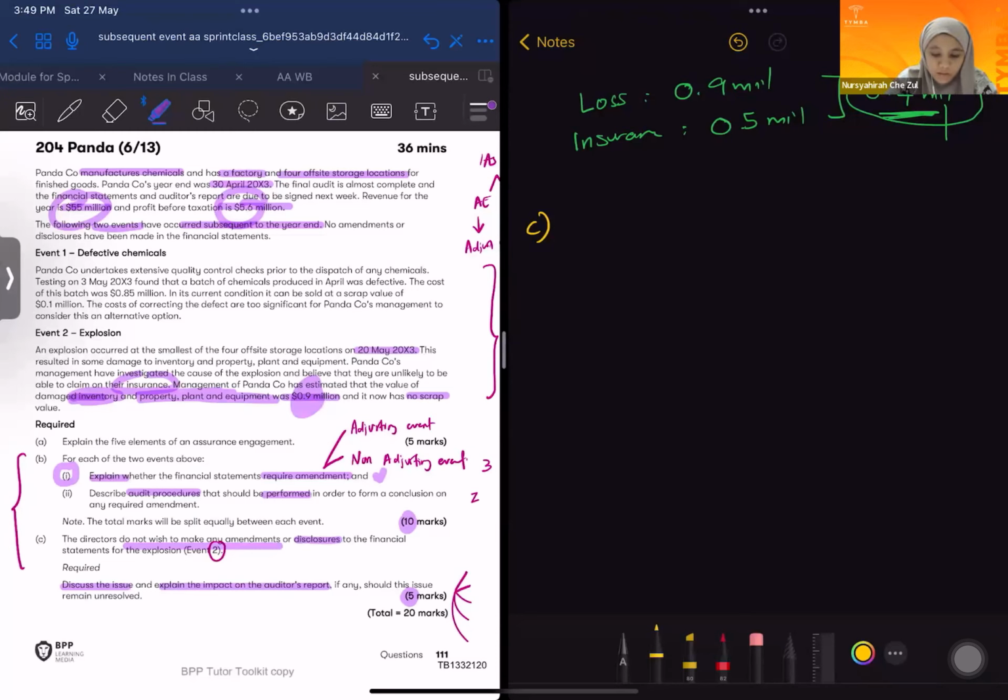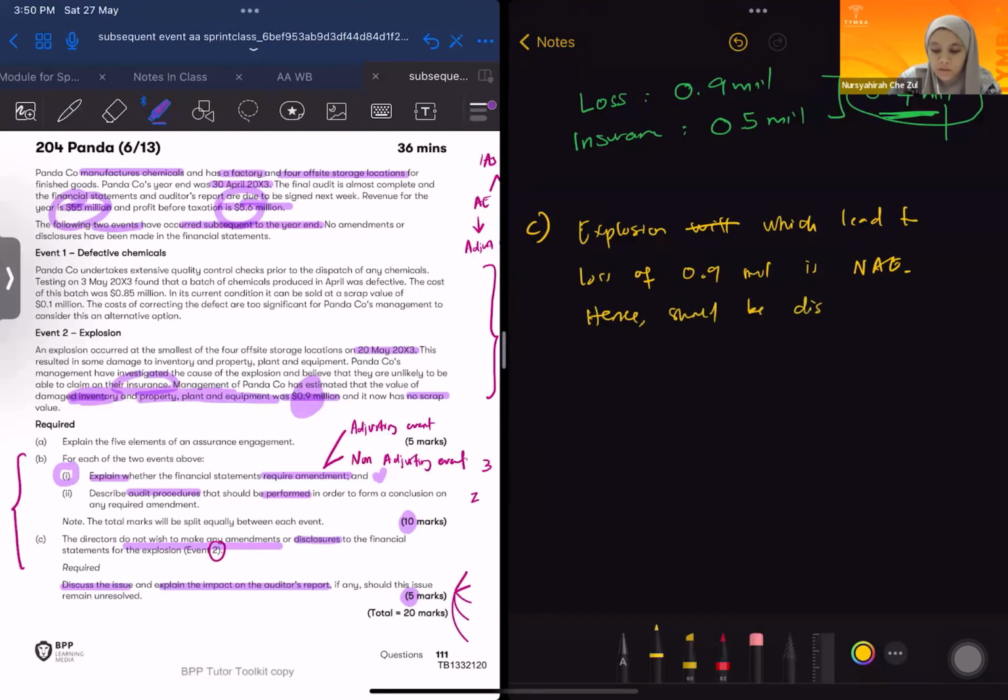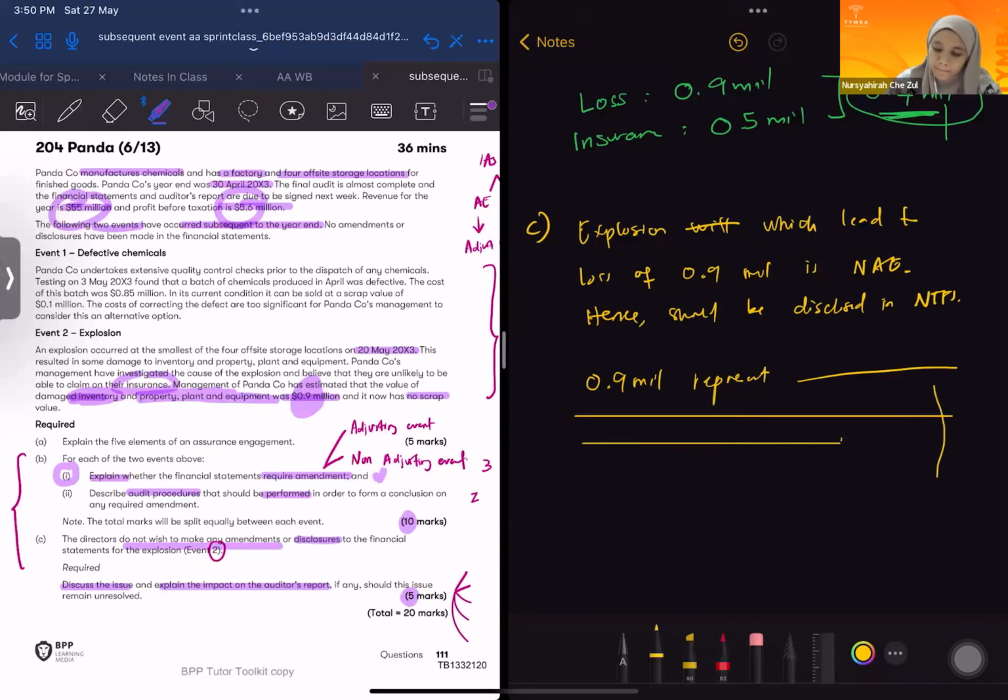Number one, you are going to summarize. Never mind, I'll write it down for you. You can say the explosion, which led to a loss of 0.9 million, is a non-adjusting event, therefore it should be disclosed in the notes to the financial statements. The 0.9 million represents, as per B, therefore it is material to the FS.